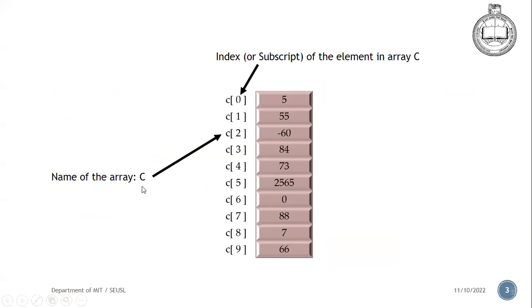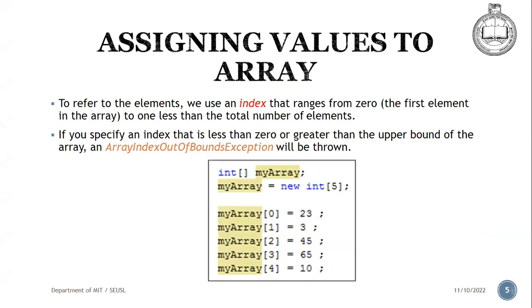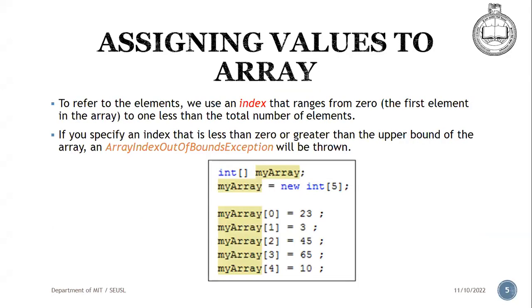For this array C, we are grouping similar elements, those are the numbers, and to them we are assigning the index. Indexes always start from 0. In the array creation process, initially it's array declaration, then array initialization. To the array that we declared, we have to initialize, and then it's about assigning values.